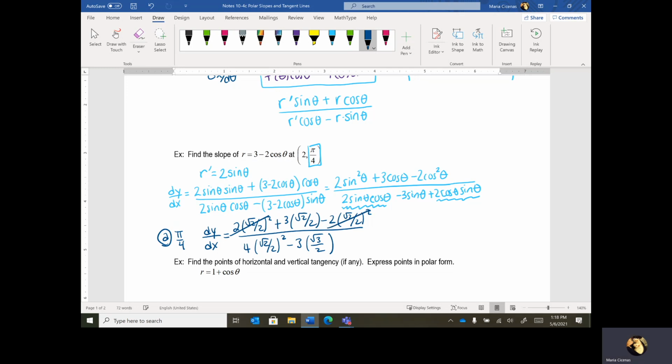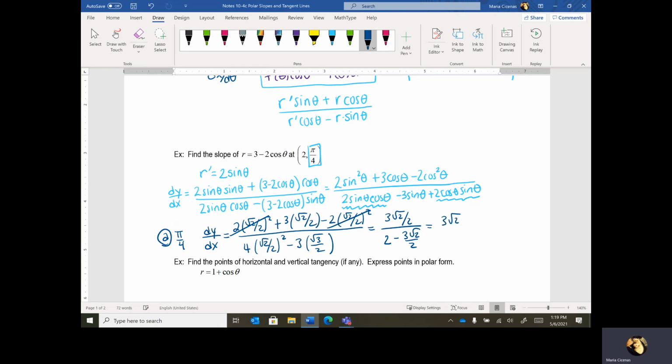All right, so I have some values canceling in the numerator. In the denominator, I'll have a 4 that can cancel and a radical 2 squared, so that's 2, and then minus 3 radical 2 over 2.